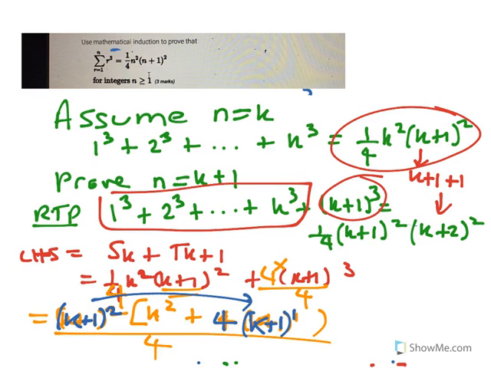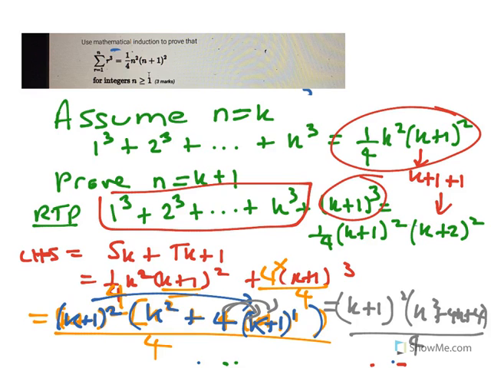We've got the 4 there still, and we have k squared plus 1. If you expand that top line, that would be 4k plus 4. So we end up with k plus 1 squared, k squared plus 4k plus 4 over 4.